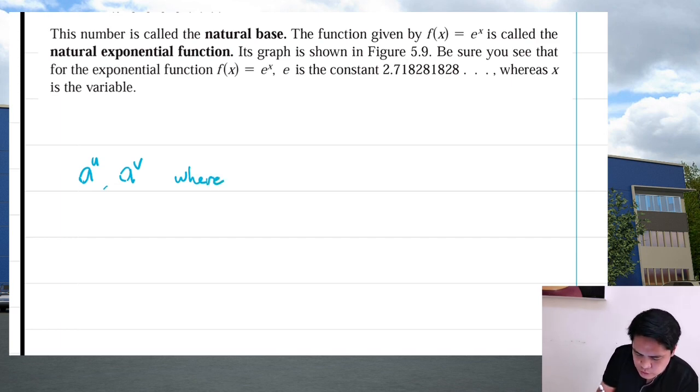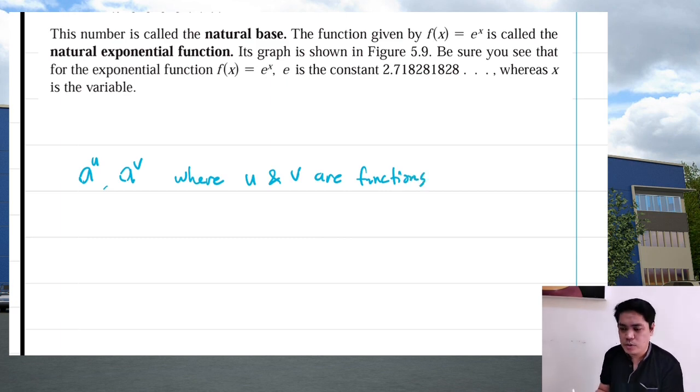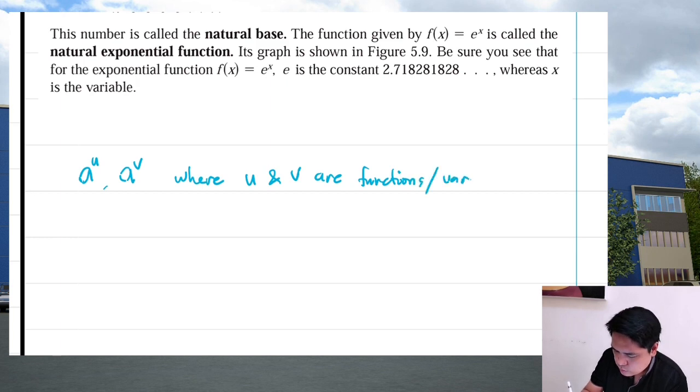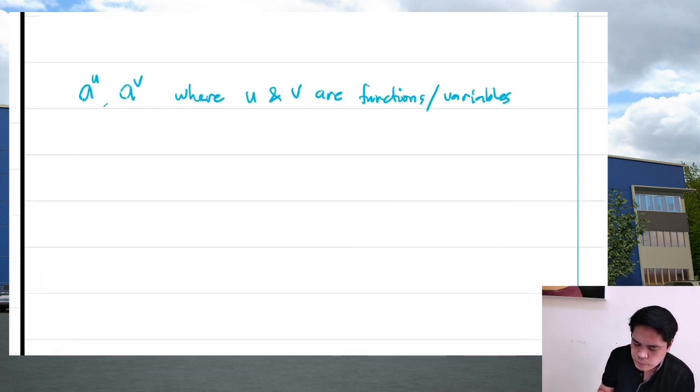So, i-define lang natin siya where u and v are either functions or variables.